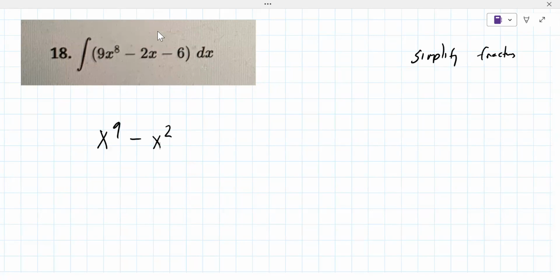Plus 6. You've got to get your signs right. Minus 6x. Yeah, minus 6x, plus c.